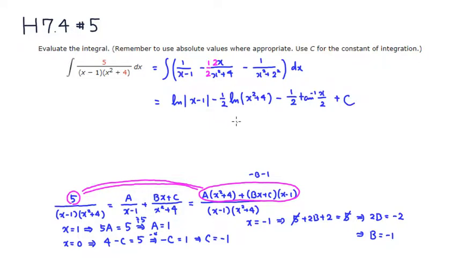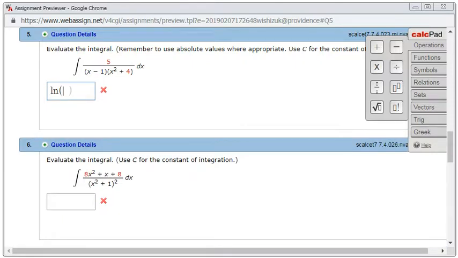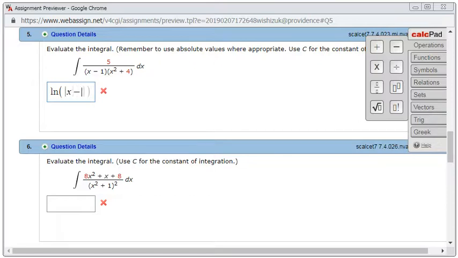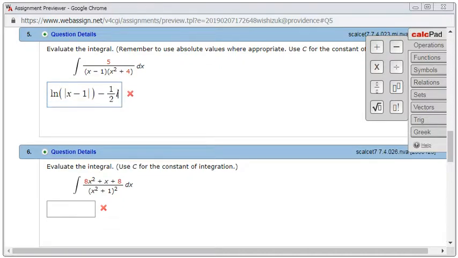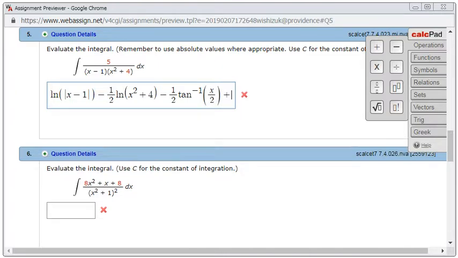Alright, so let's type this in. We have the natural log of the absolute value of x minus 1, minus 1/2 natural log of x squared plus 4, and the last one is minus 1/2 arctangent of x over 2 plus some constant C. Alright, so let's check the answer.